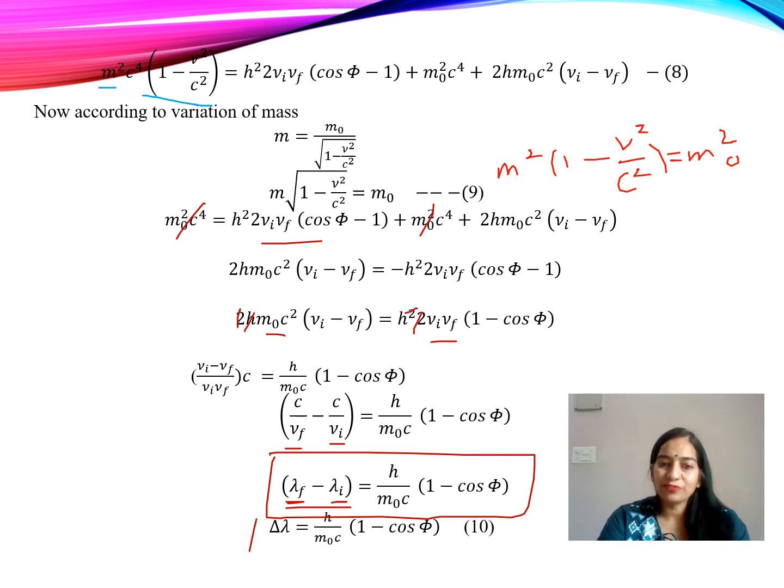You clearly see from this equation, h is the Planck constant, m naught the rest mass of the electron is also constant, and c, the velocity of light, is also constant. So the change in wavelength depends on the angle of scattering of the photon, phi. This expression is called the Compton shift.